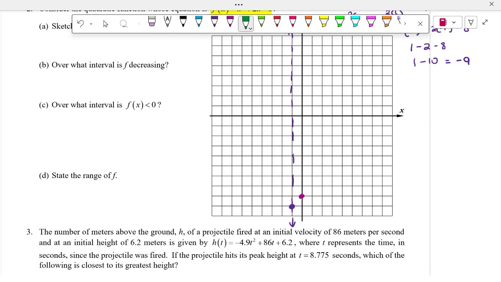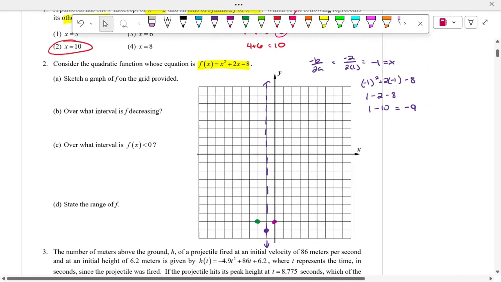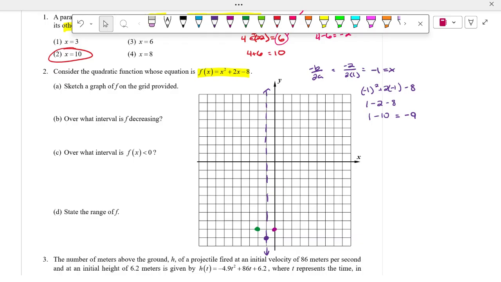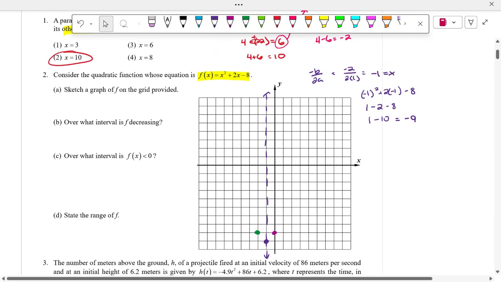Now, since we have one of the points, we can find its symmetrical buddy on the other side. Now, last thing I want to find is the x-intercepts. How can I find that? You could put it into factor form, all right?